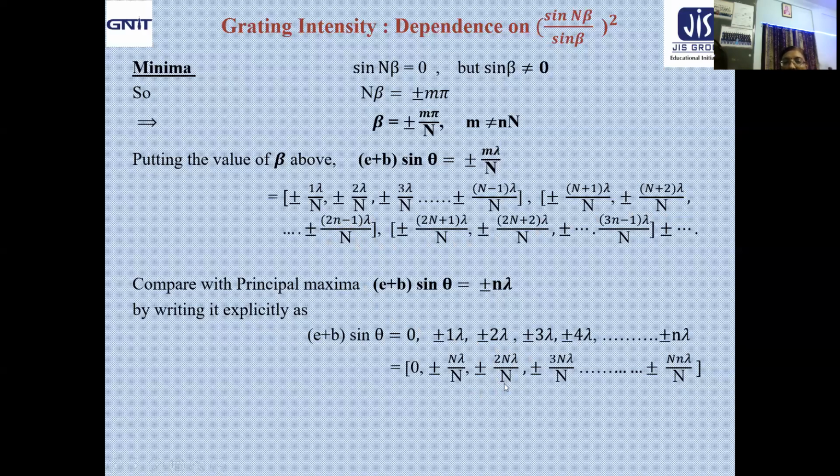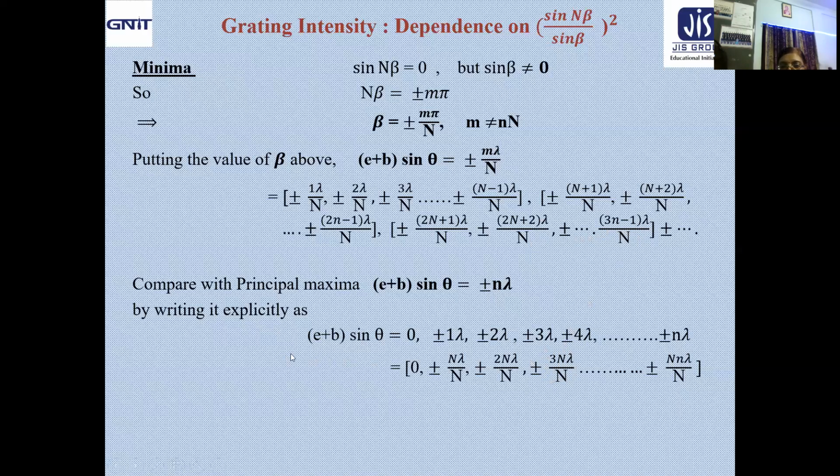So between first order and second order interference maxima, you are getting what? You are getting N minus 1 number of minima, equal space minima. Now between the second order and the third order, it will start from 2N plus 1 lambda by N, 2N plus 2 lambda by N, up to which it will go, 3N minus 1 lambda by N. That means before the maxima, the last term of minima you will get, and how many are the numbers?